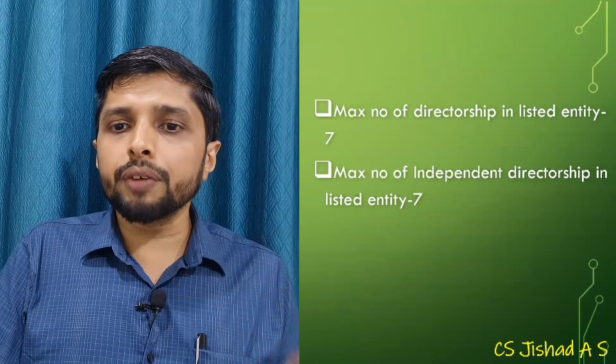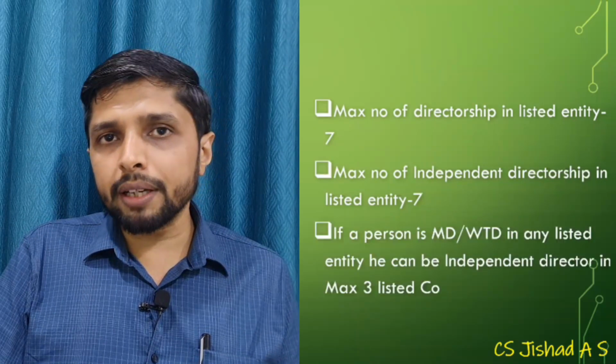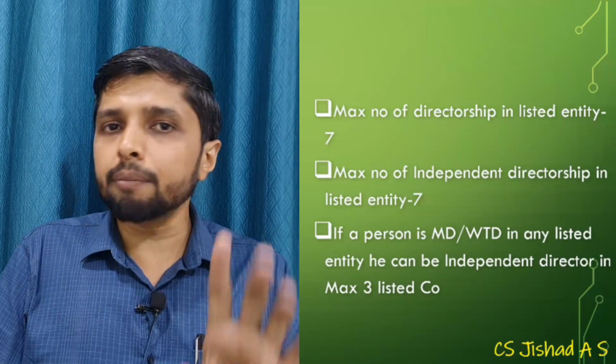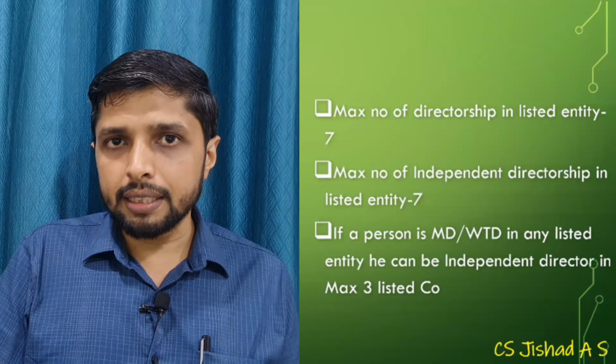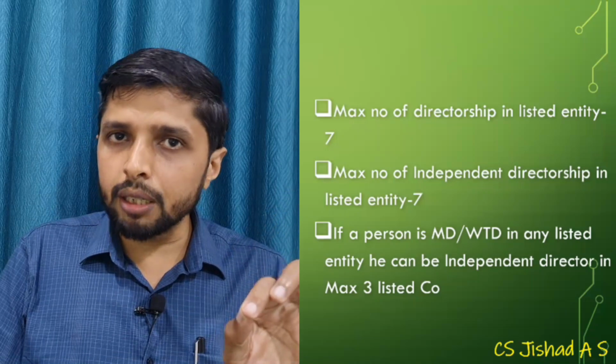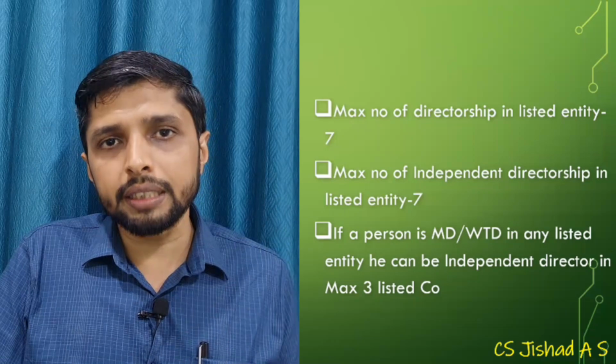So maximum number of independent directorships is 7. Then if a person is MD or whole-time director in any other listed entity, he can be independent director in a maximum of 3 listed entities. Okay, so normally the limit is 7, but if the person is MD or whole-time director in any listed entity, the limit will be reduced to 3.